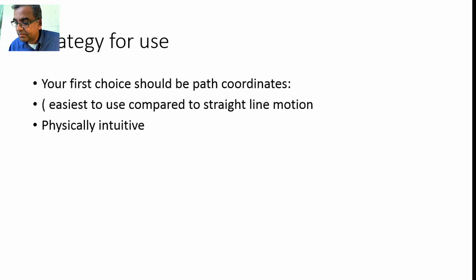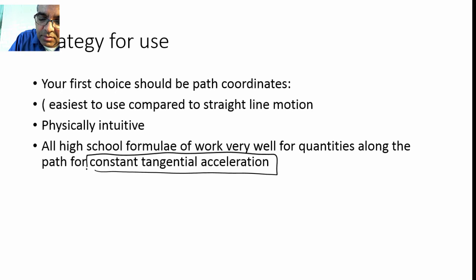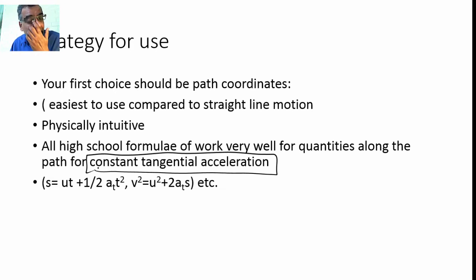And all your high school formulae work very well for quantities along the path for constant tangential acceleration. So all your old formulae, s equal to ut plus half at squared, v squared equal to u squared plus 2as, work as long as you're looking only at the tangent.